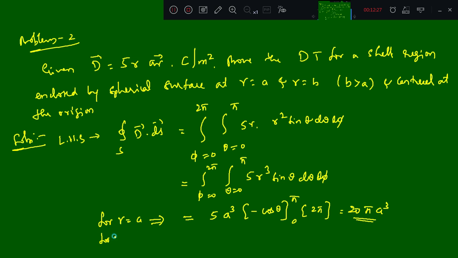Then for r equal to b, what do we get? Here it is 5 into b cube, minus cos theta from 0 to pi, and 2 pi. So it is 20 pi b cube. So these are the two values. It is a shell having the two regions, so I can subtract one from another.